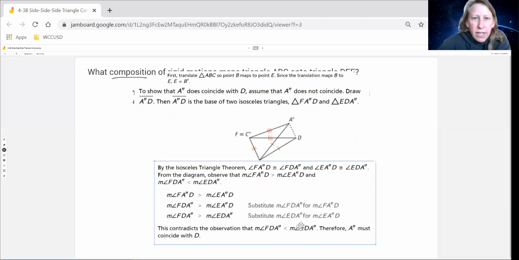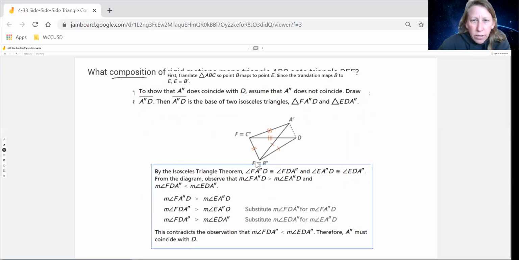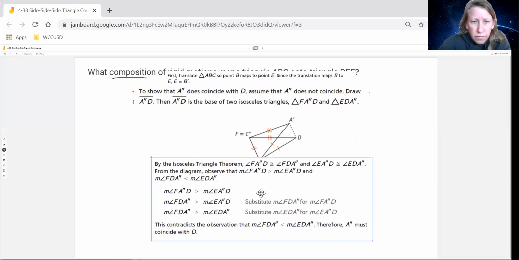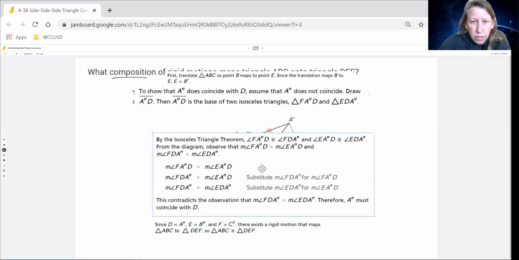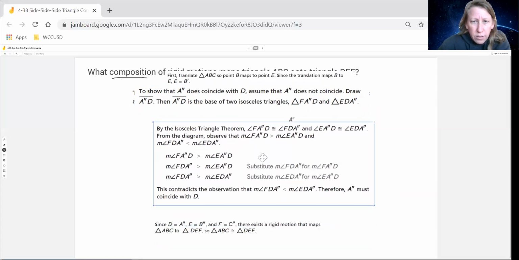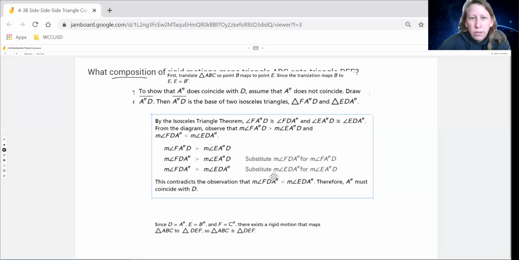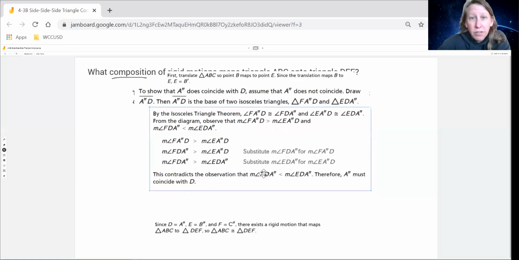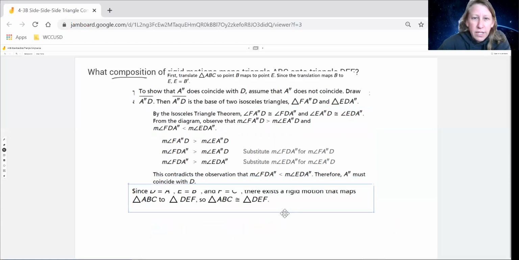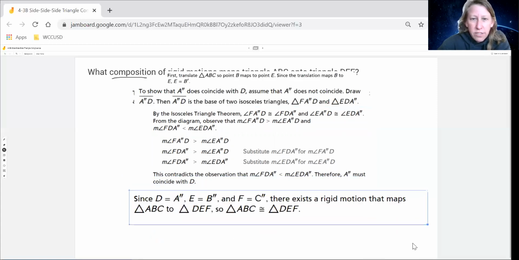Then it says by the isosceles triangle theorem, the angles would be matched up. We could spend a lot more time talking about this, which I don't have right now. This last statement is kind of interesting.